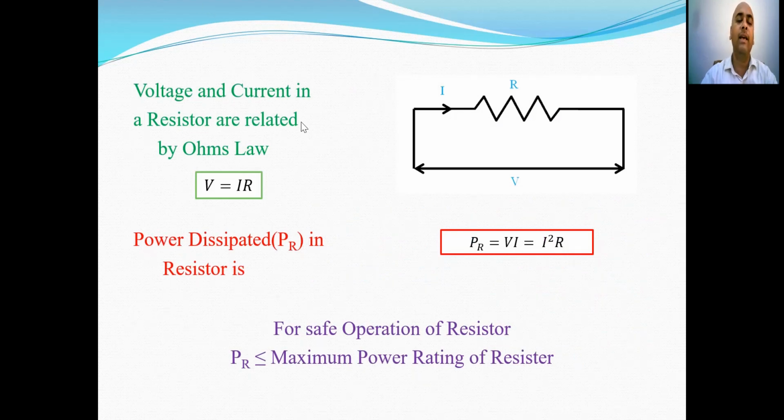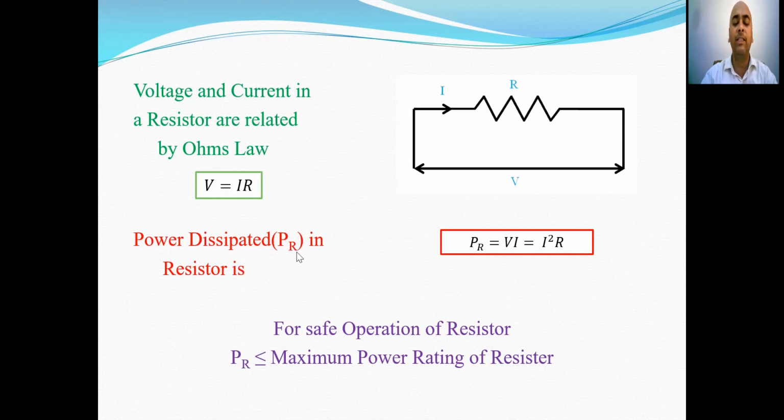The voltage and current in a resistor are related by Ohm's law. Let us suppose there is a resistance of value R and a voltage source of magnitude V is applied across this resistance. The current developed in the circuit is I. So by Ohm's law, V is related to R by V equals IR.